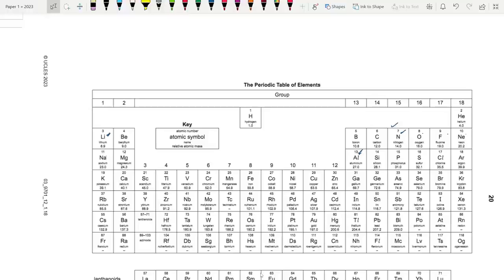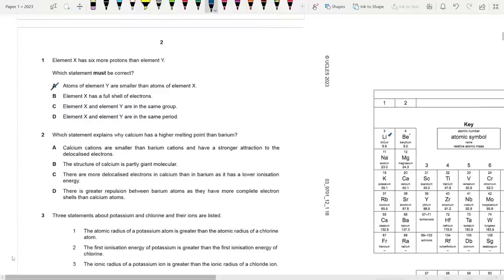So 6 more, 1, 2, 3, 4, 5, 6. Fluorine, it still has 1 full shell, 1s2. Let's talk about hydrogen. So 1, 2, 3, 4, 5, 6. Then we go to nitrogen. Nitrogen also has at least 1 full shell of electrons, which is 1s2. The first shell is full. So yeah, B looks correct. B is probably the answer.